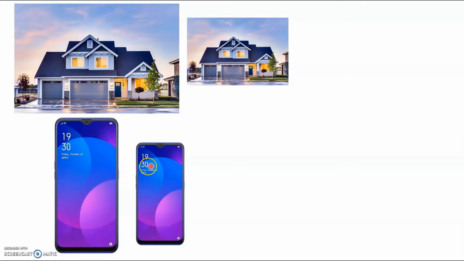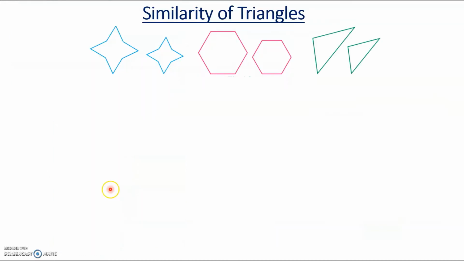Similarly, you see these two phones, they look exactly the same, but the size is larger and smaller, but still they are similar. So this is called similarity. They're proportionate in every angle, but they are just smaller.